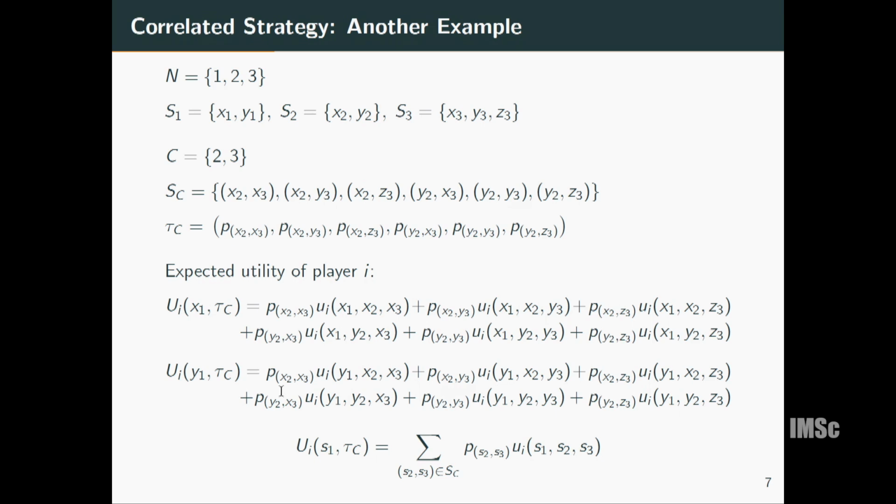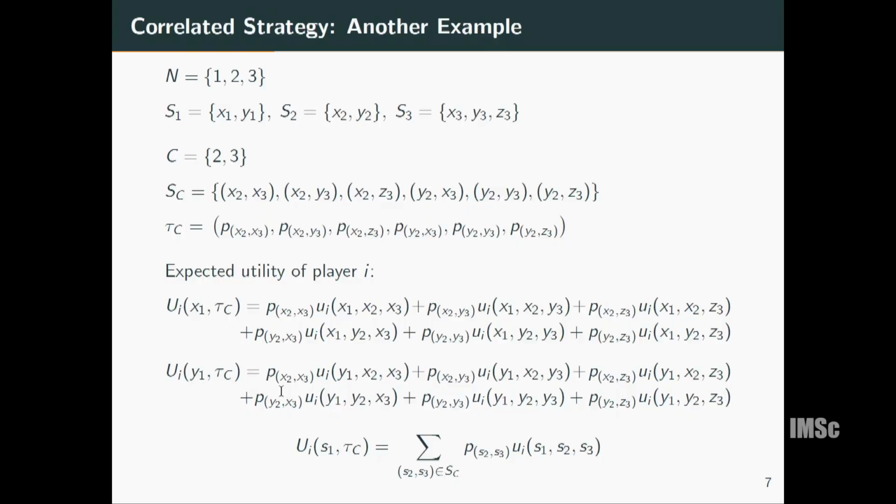So this is like a conditional utility given that player 1 is playing x1. So if you want to make a table again, what will be the utility of player i when player 1 is playing x1 and the others are playing with tau_C? It's similar to how you define utilities, but in the game definition you are given a table which represents the utilities corresponding to only pure strategies, like we had earlier.